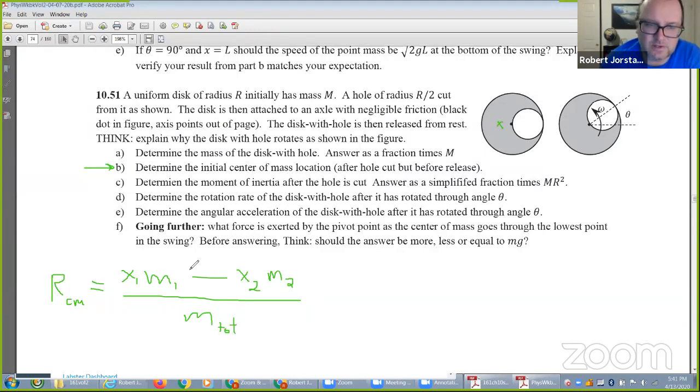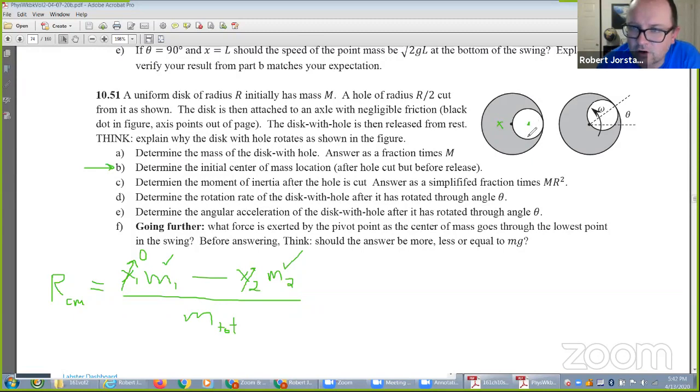And because we did part A, I think we know the mass of the entire disk. That's capital M. We now know the mass after the hole is cut. I know the center of the entire disk is at 0. And I know this one is at right here, right? And what is that?